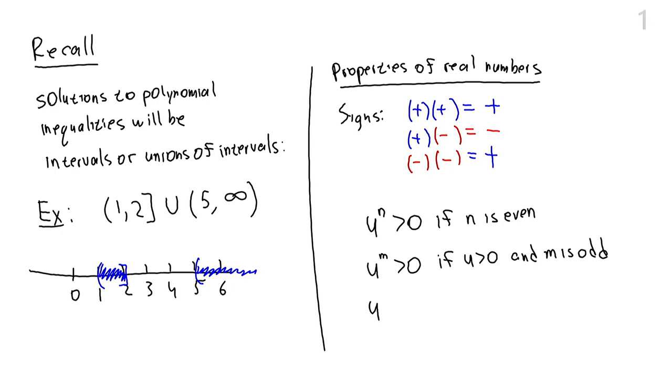And if you take a negative number to an odd power, it's going to remain negative. So if you take negative 3 to any odd power, it's going to be negative. If you take negative 3 to any even power, it's going to be positive. So those are just properties of real numbers to remember.